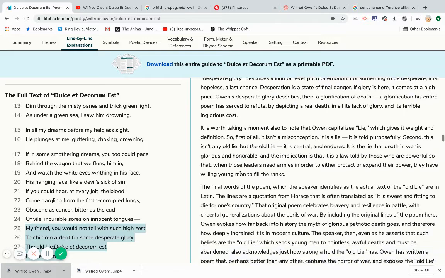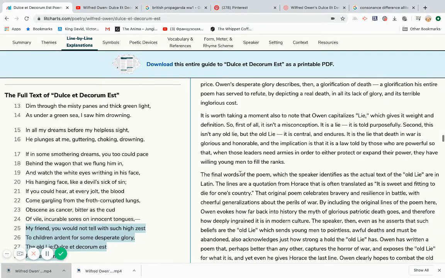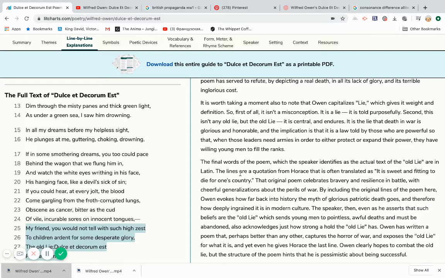It is worth taking a moment also to note that Owen capitalizes the word "lie," which gives it weight and definition. So first of all, it isn't a misconception. It is a lie. It is told purposefully to deceive. Second, this isn't any old lie, but the old lie. It is central to the culture from which he comes, and it endures.